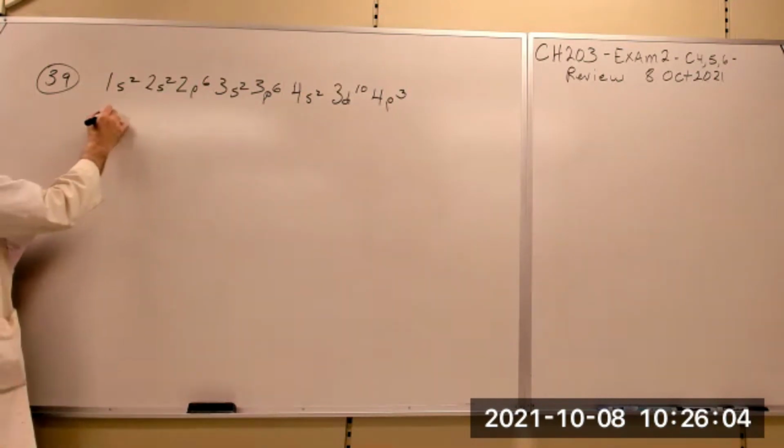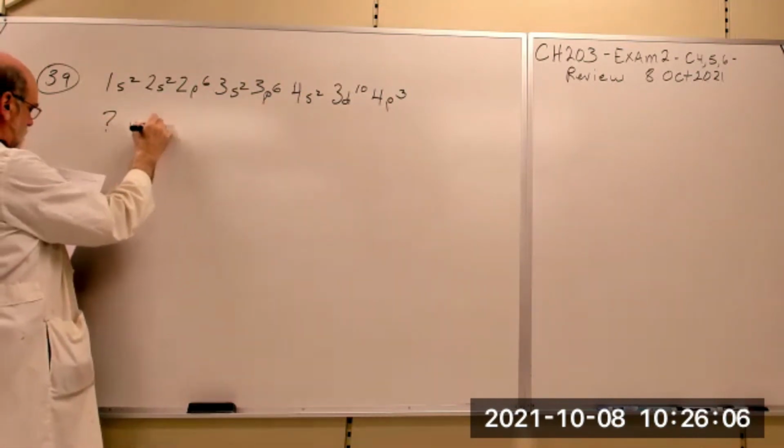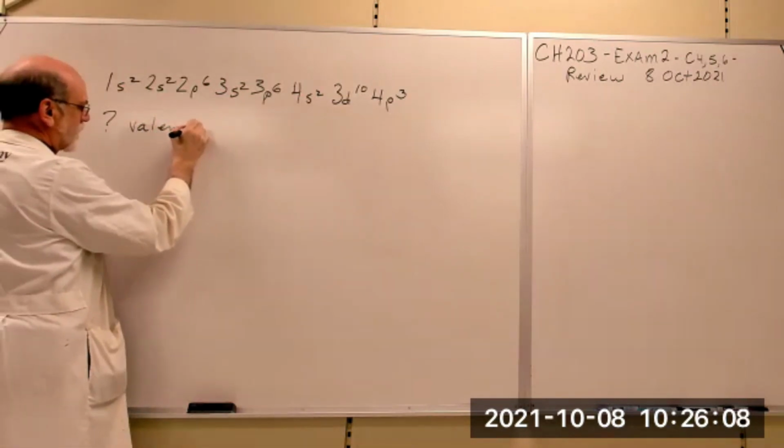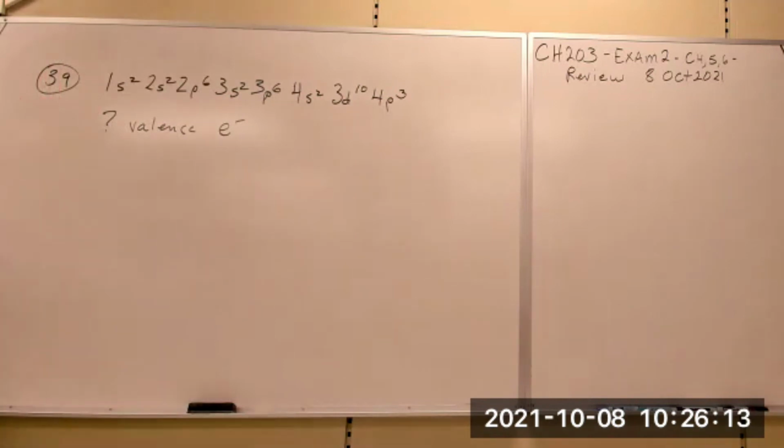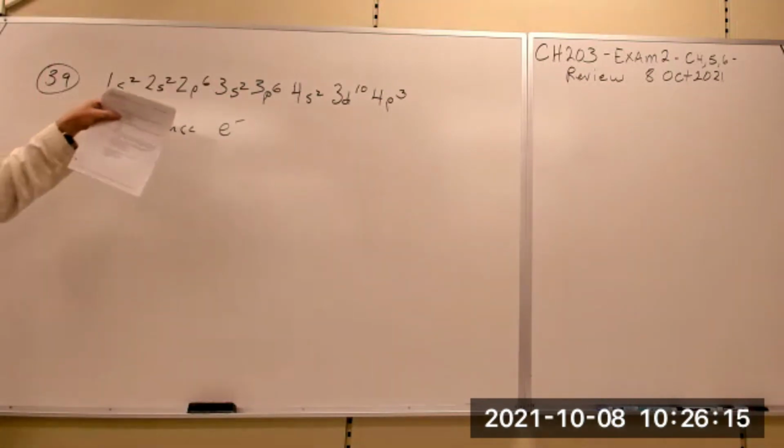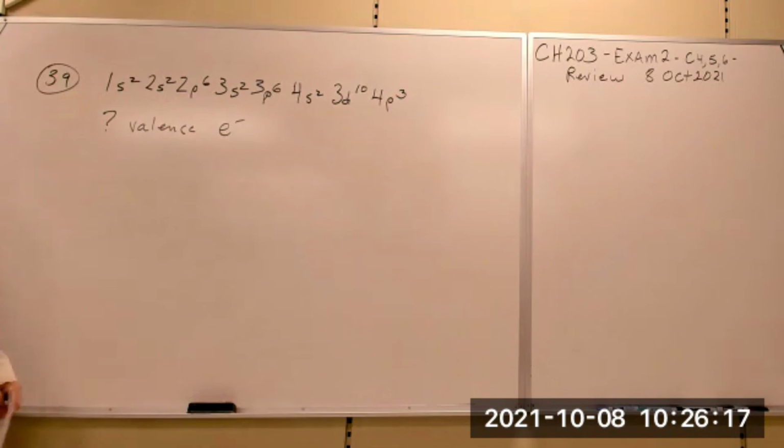The question is, how many valence electrons are in that atom with this number of electrons in those positions?